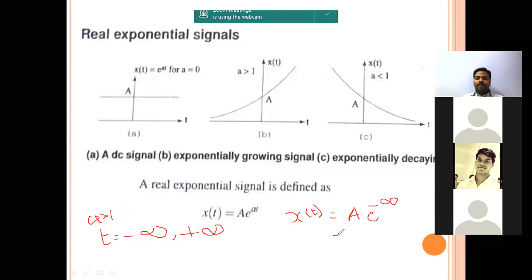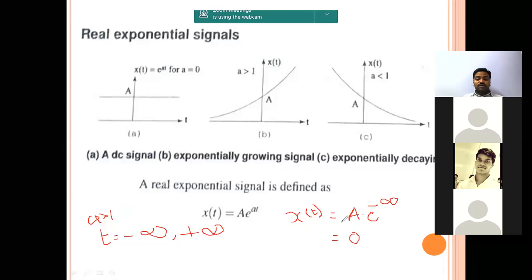Now what is e power minus infinity? It is 0, that is 1 by e power infinity. So X of T is obviously equal to 0.